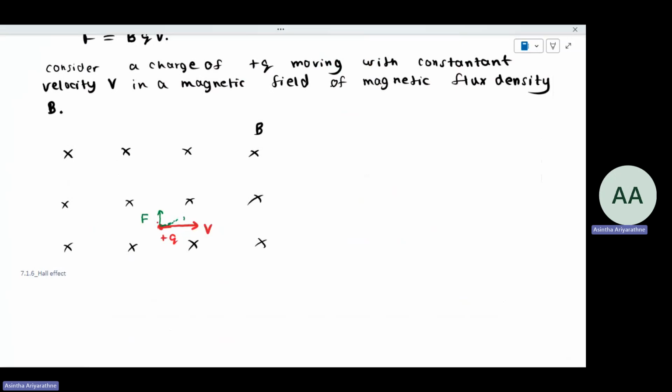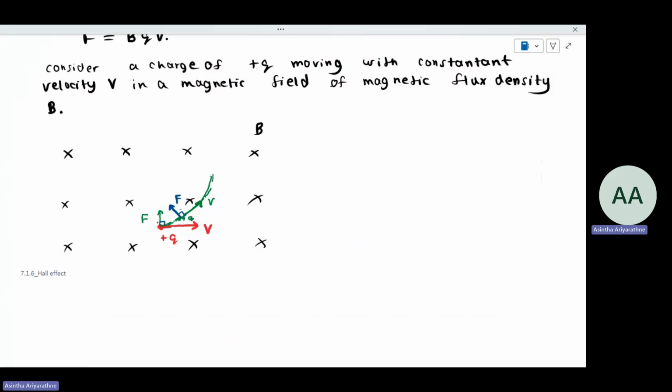The charge deviates like this. When it comes here, the velocity doesn't change because velocity and the force are perpendicular to each other. So velocity would be the same V here as well. Now here also a force would be applied perpendicular to the velocity. So continuously the direction is changing.